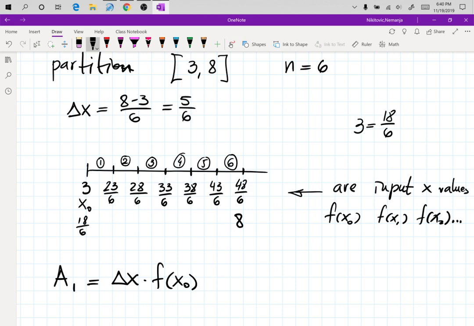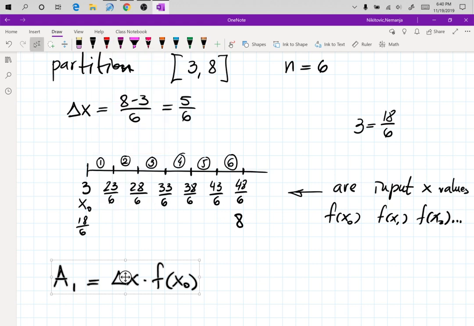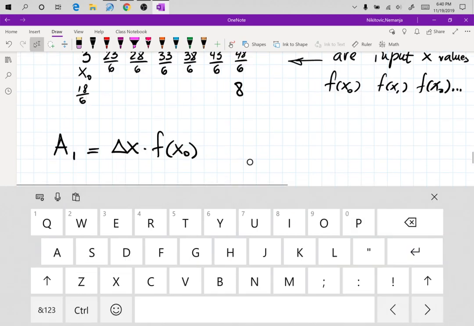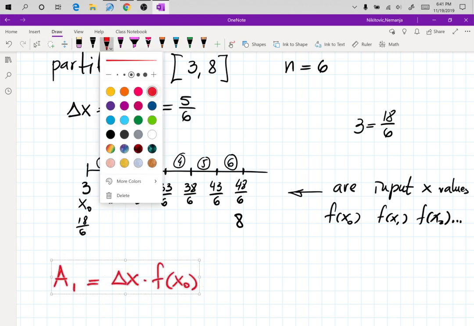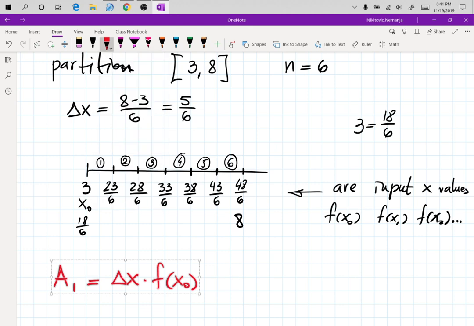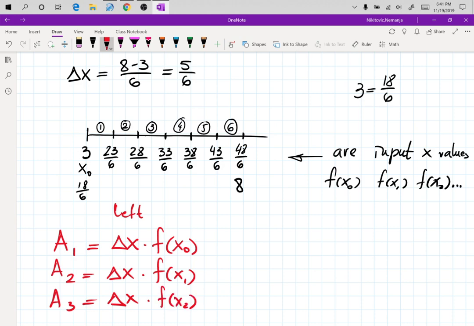I'm going to switch this into red because we color coded earlier as red for left. So A1 is delta x times f of x0, A2 is delta x times f of x1, and A3 is delta x times f of x2.